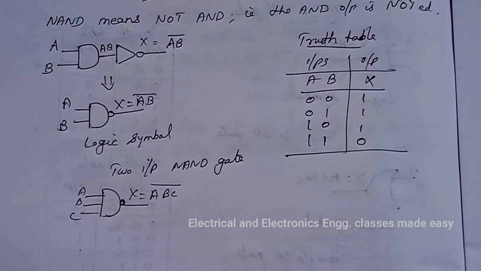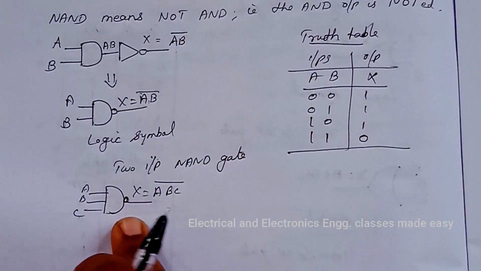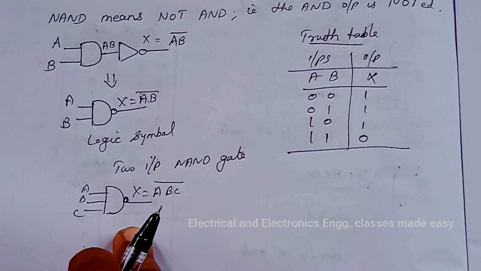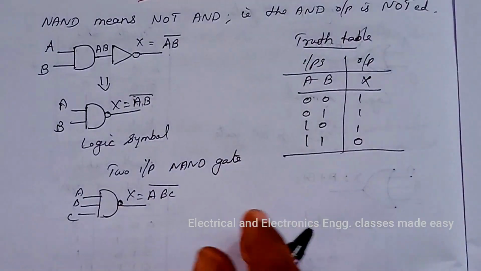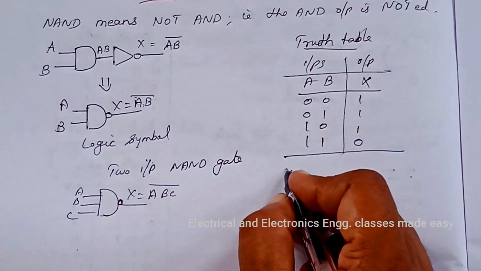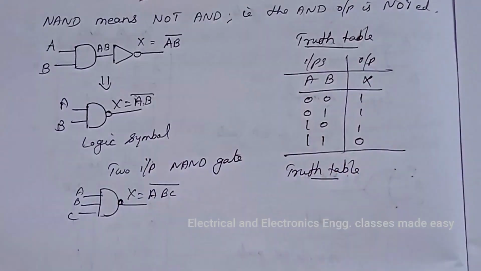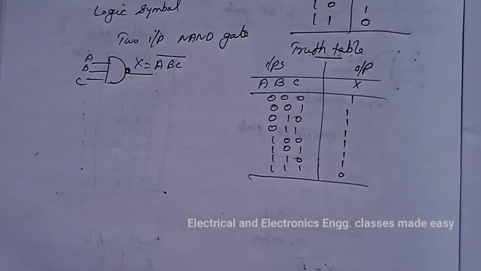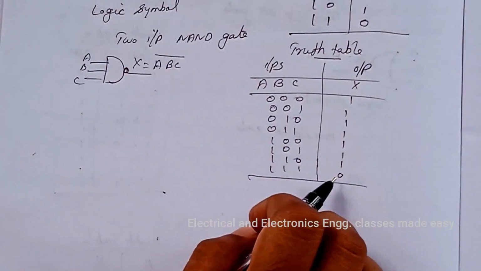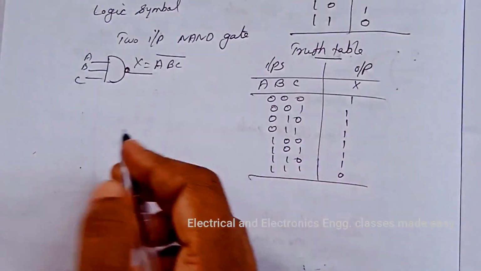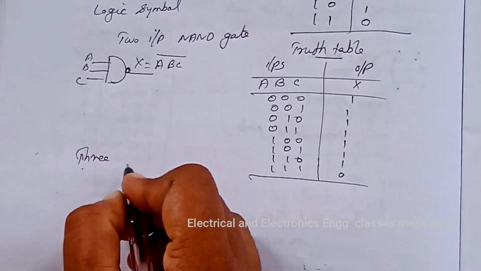So this is the logic symbol of the 3 input NAND gate. And this is the truth table of the 3 input NAND gate.